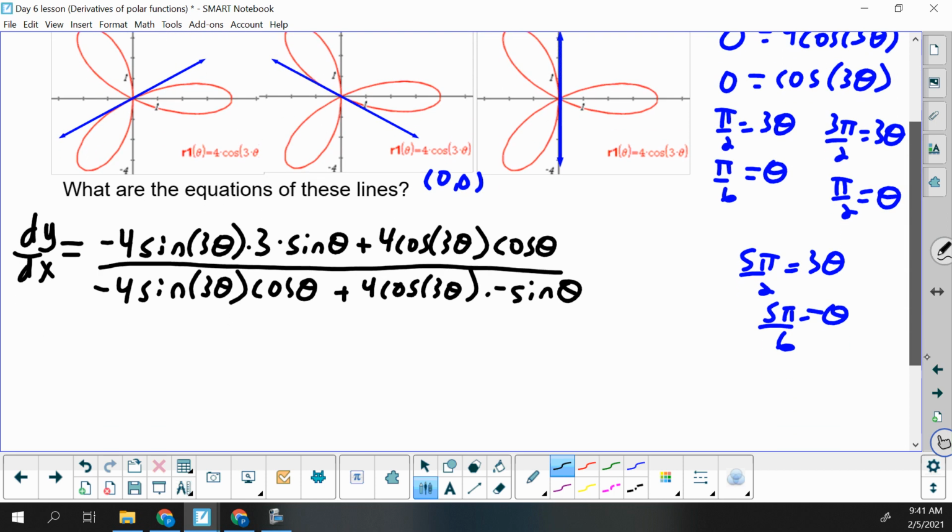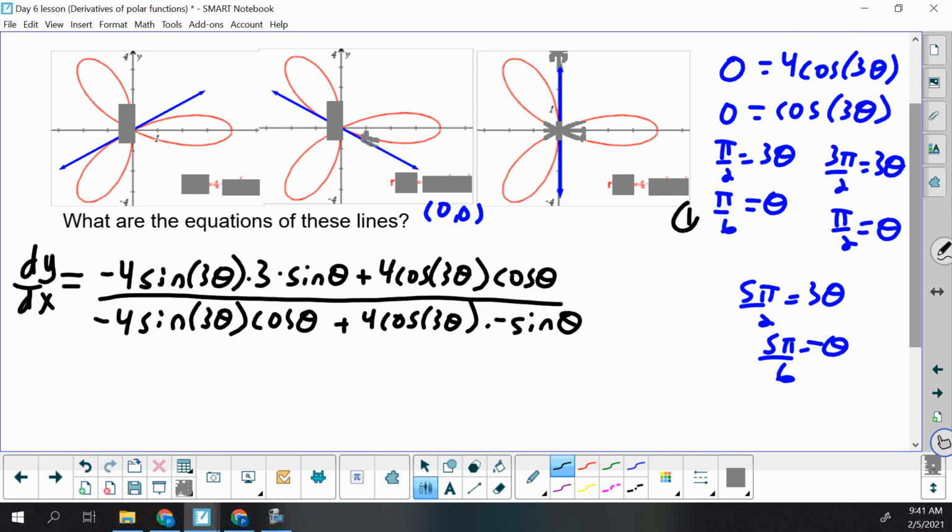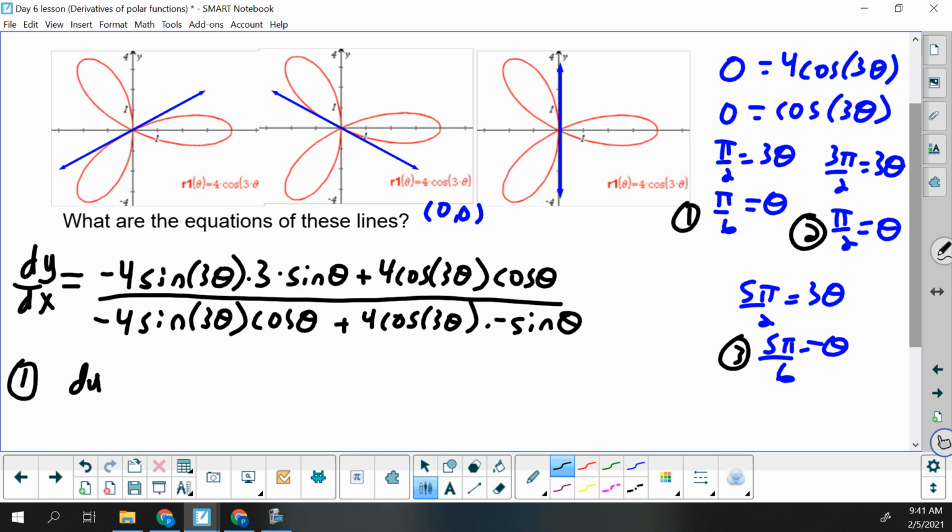So let's call this case 1, this case 2, and this case 3. So for case 1, dy over dx is going to equal negative 4 times something times 3 times something. We're putting in pi over 6. 3 times pi over 6 gives us pi over 2. Sine of pi over 2 is 1.